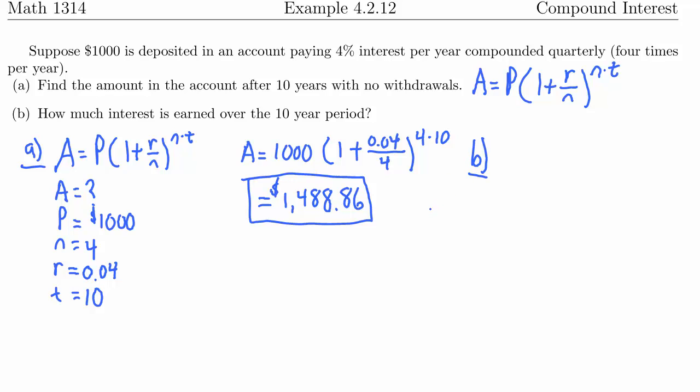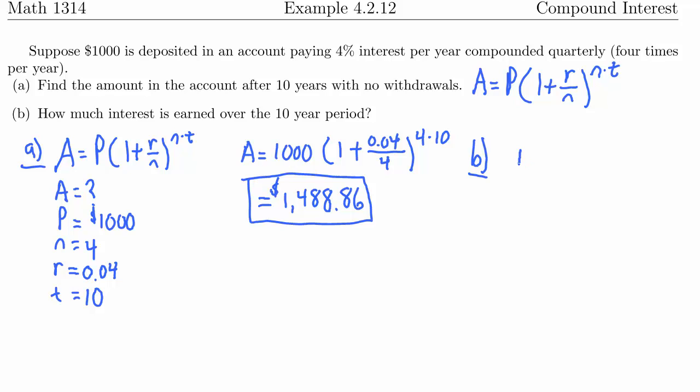B wants to know how much interest is earned over these 10 years. Interest is simply defined as how much money you pay in order to borrow money, or how much money you are given because you gave someone money. In this case, you are given the difference between $1,488.86 and your principal, which was $1,000.